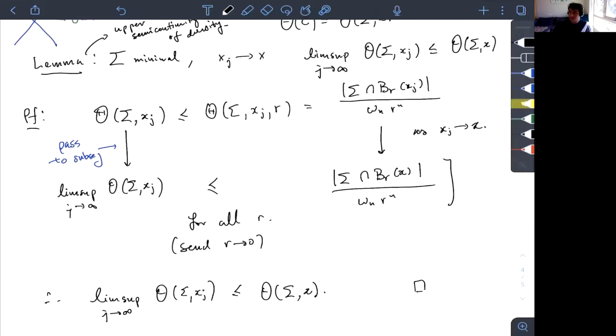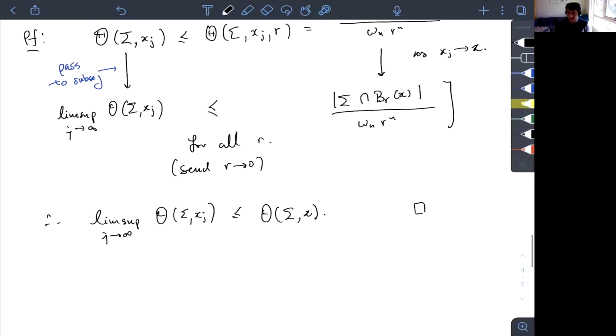So that's this theorem. The second result, which I'm not going to prove, is Allard's theorem. This is the epsilon regularity result in this setting.